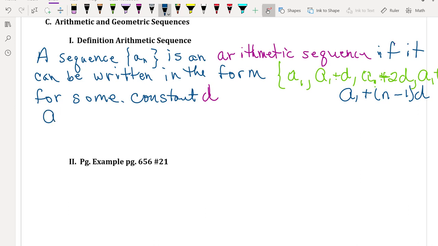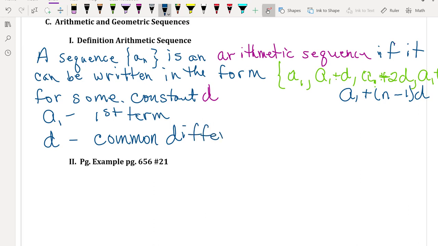And your A sub 1 is your first term. And we find d as the common difference. So it's going to behave in a linear fashion.